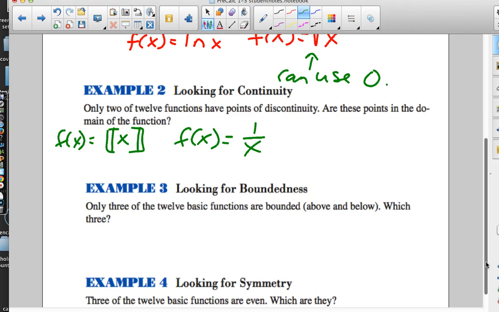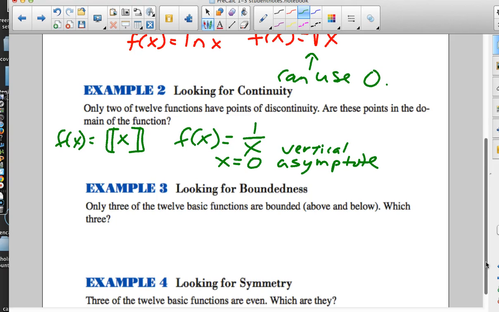And it says, are these points in the domain of the function? Well, we've already discussed this. What number is out of here? 0. Yeah, it's asymptote. So x equals 0 is, in fact, a vertical asymptote. Greatest integer function.